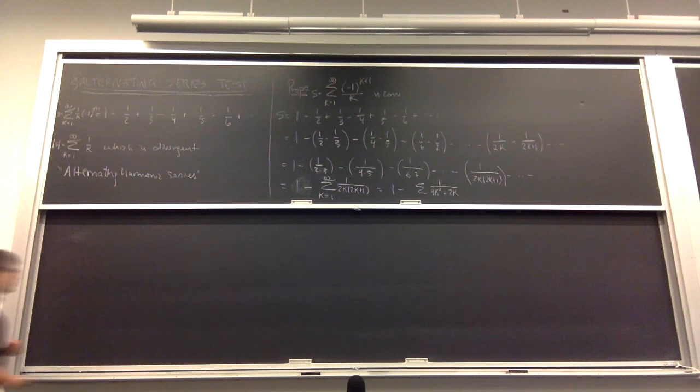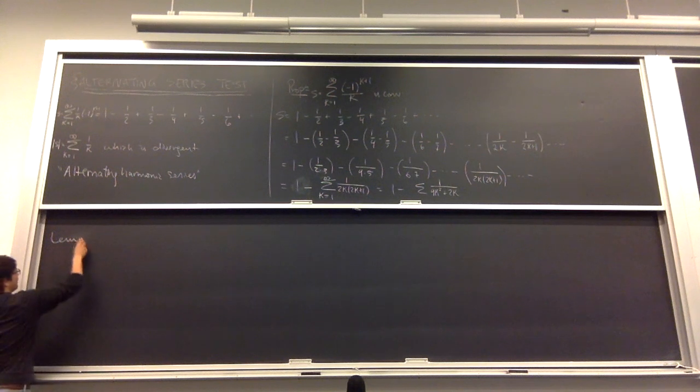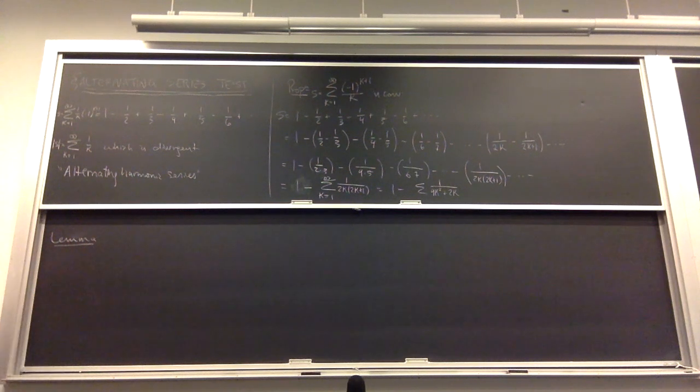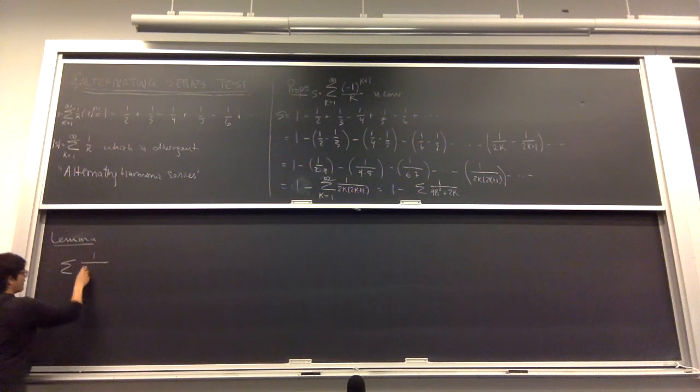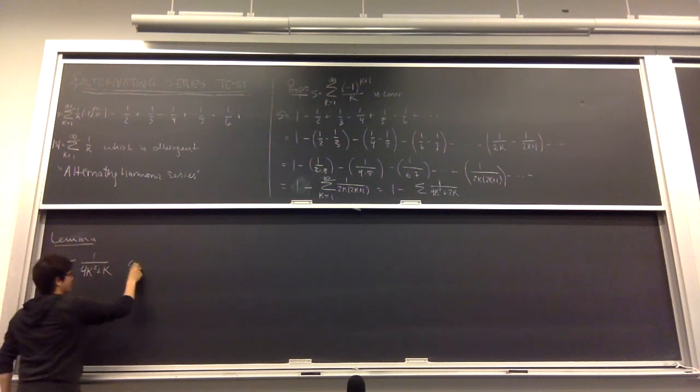All right, well, I'm going to do a little lemma. A lemma is just like a little sub-result that we need to prove this. And I'm just going to prove, since we feel a little bit uncomfortable about this, I'm going to prove that this converges.